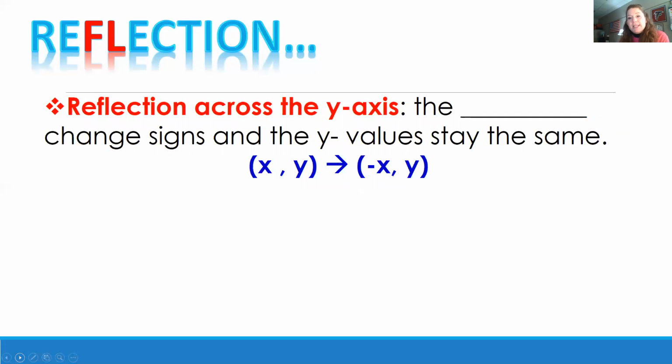The opposite thing is going to happen when you reflect over the y-axis. This time, the y-coordinate stays the same, and the x-coordinate changes sign. So whatever x was, the x changes sign, and the y value stays the same.